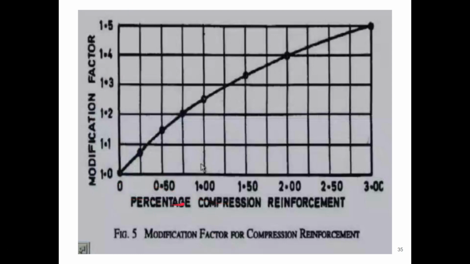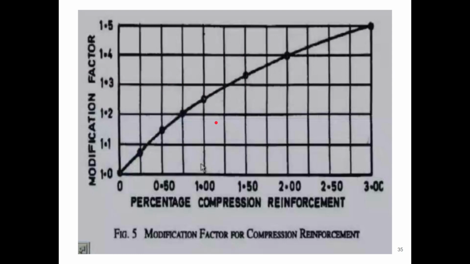Again, if that was pt, this will be pc, which is Asc by bd into 100. Using that you get the percentage compression reinforcement. And here luckily there is no fs value to calculate. We just take this line, find the pc value, compare, get the modification factor, and multiply.